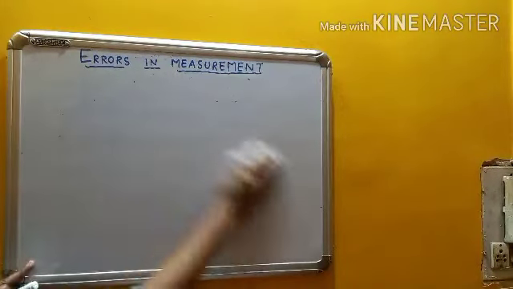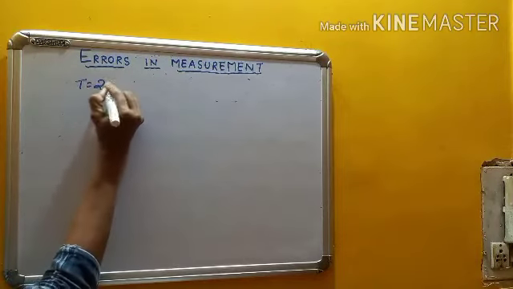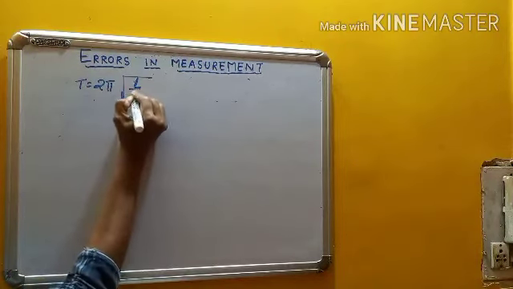Okay. Now, as per the last question given, the time period of oscillation of the simple pendulum is given. The formula is T is equal to 2 pi under root L by g.